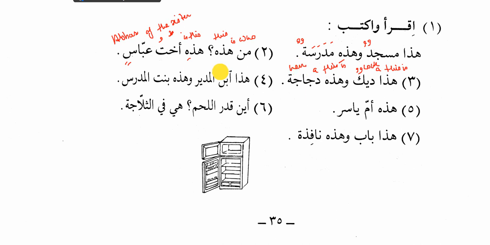هذا ابن مديري. This is the son. How? Because there is an al. The son of the principal. وهذه daughter. The daughter. I'm sorry.